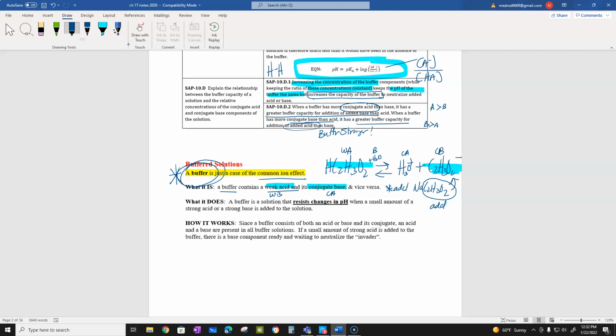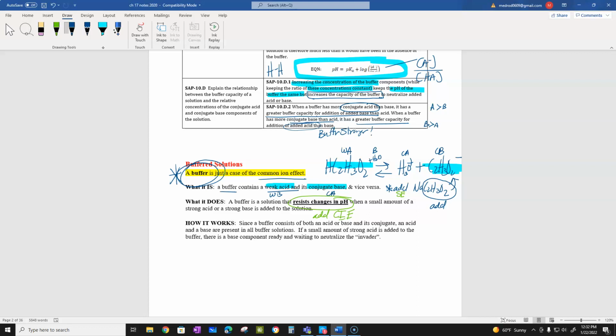And then I have to add in an ionic compound, a strong electrolyte, that has an ion in common with that ion that's in the equation. And what does a buffer do? By adding that common ion effect, it's going to create a resistance to change of pH.